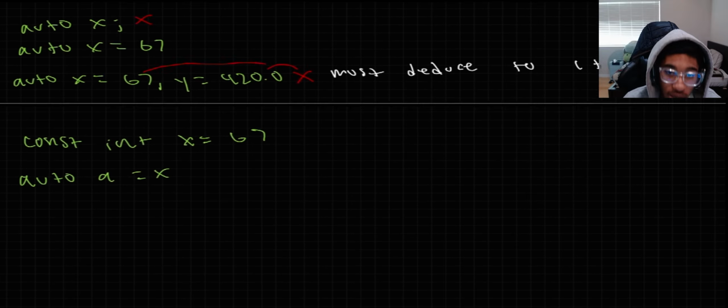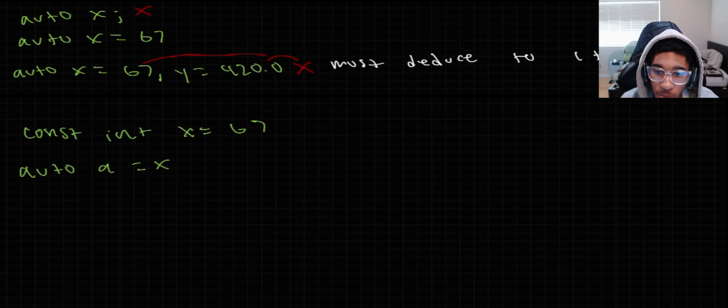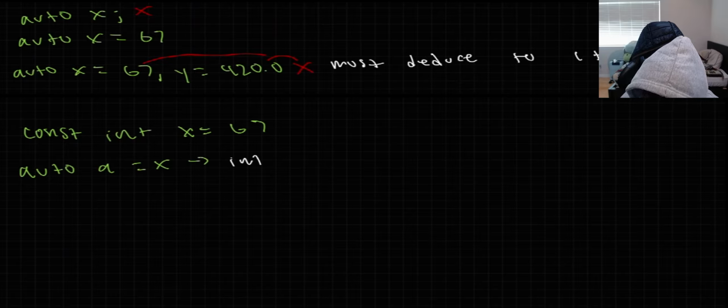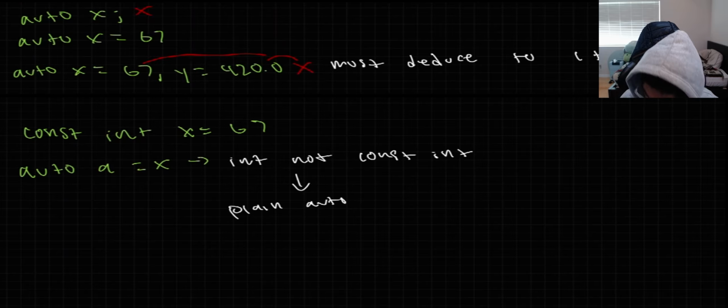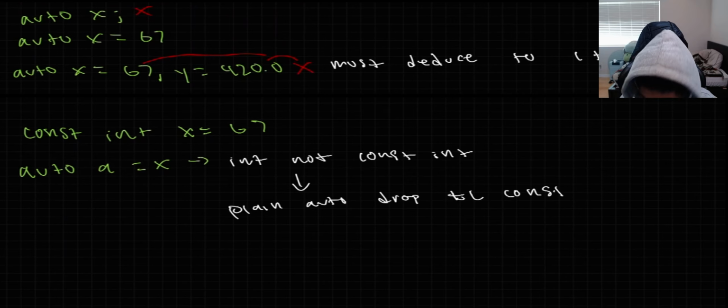Auto's just going to be an int. A plain auto will drop a top level const. So this in turn makes auto an int, not constant. Plain auto drops TL const, top level const.